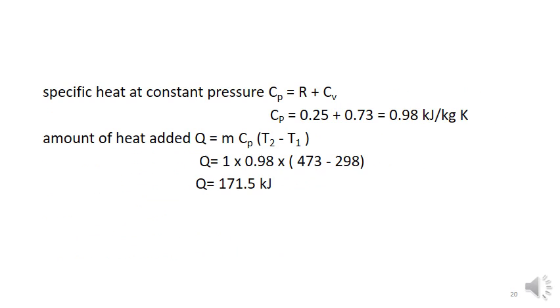So you know the m value, Cp value, and T2 minus T1, and we will get the amount of heat added. The specific heat at constant pressure Cp is equal to R plus Cv, so we will get the Cp value. After getting the Cp value, the amount of heat added at constant pressure is Q is equal to mCp(T2 minus T1), which is 1 into 0.98 into (473 minus 298).